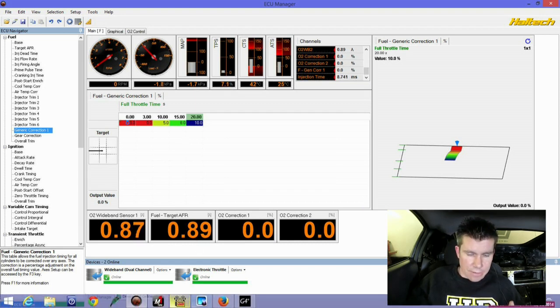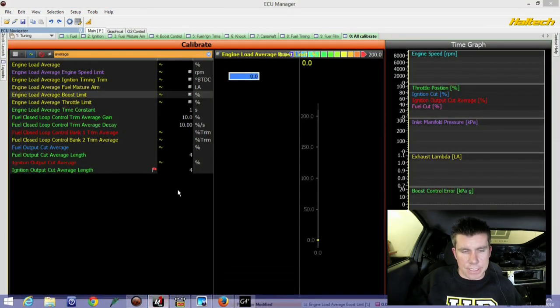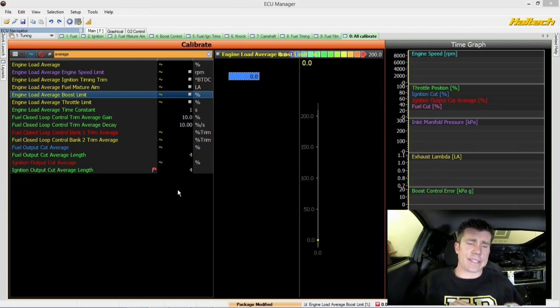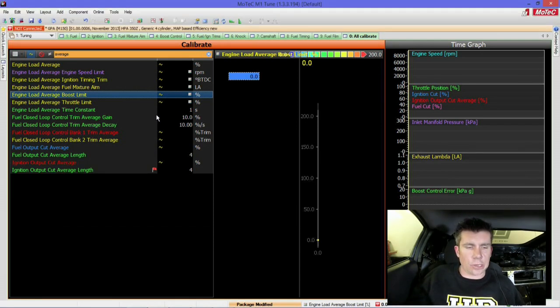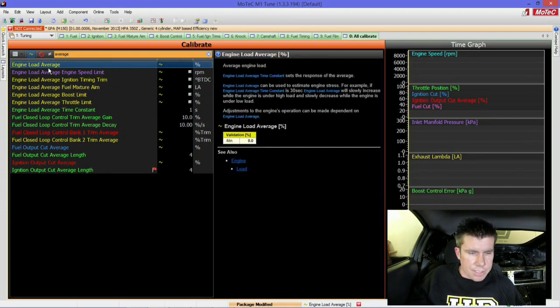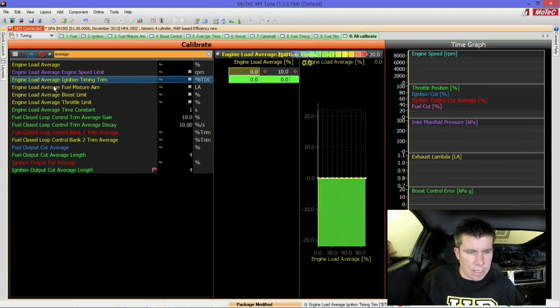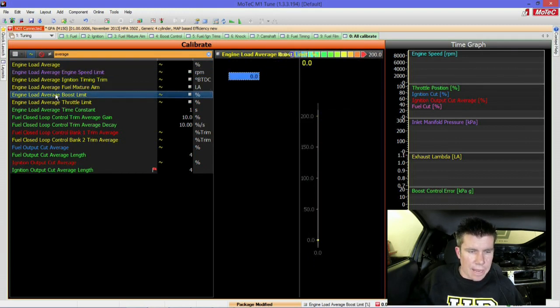So let's just have a look first of all at Motec's M1. They do a similar thing with what they call engine load average, and you can see here we've got a bunch of different tables that are all called engine load average.